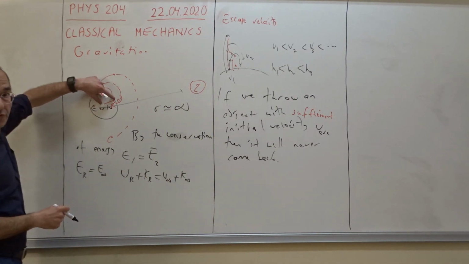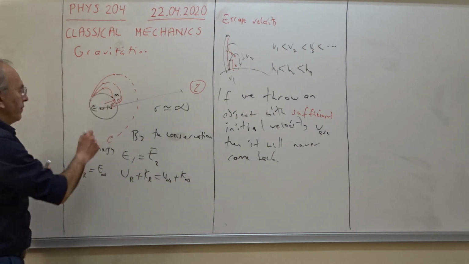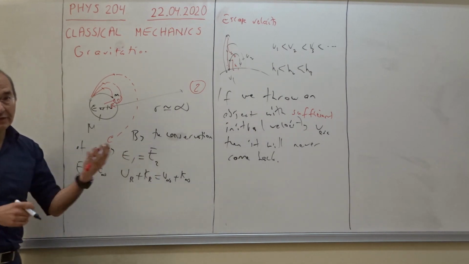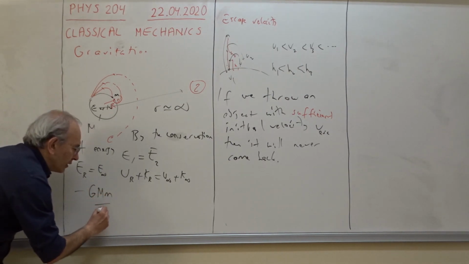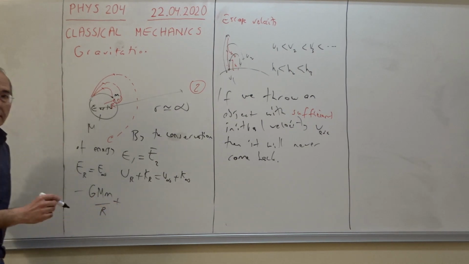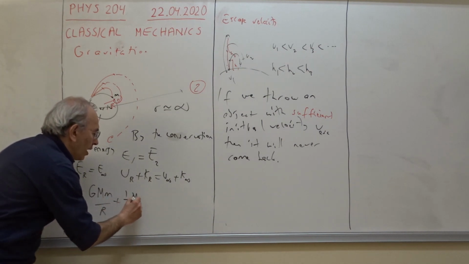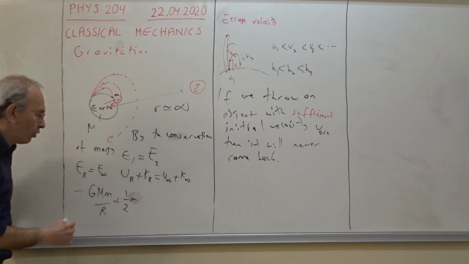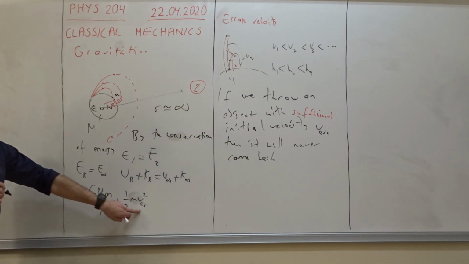On the surface of the Earth, an object having mass little m, and the mass of the Earth is capital M. What is the potential energy that we have learned? Gravitational potential energy is negative capital G, capital M, little m divided by just the radius of the Earth, plus the kinetic energy which we want to find. It is 1/2 little m, the mass of the flying object, times v escape squared, which is the unknown we want to find.